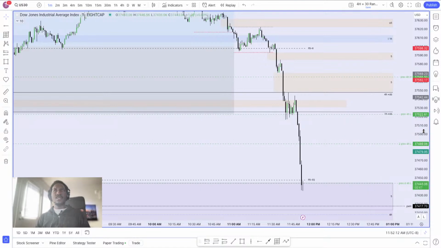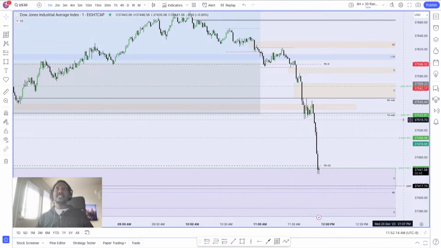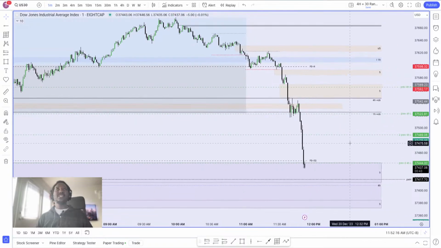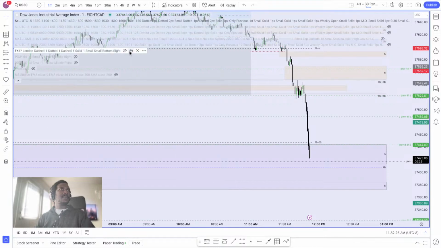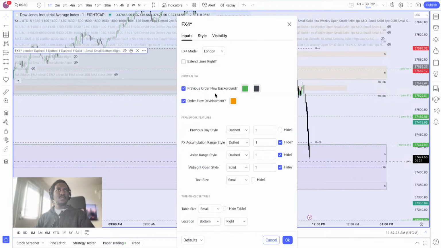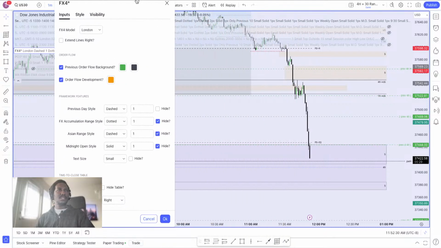It's all good anyway. So right now I'm only looking for buys, right? So waiting for the 12th range to close. We'll see how this goes. We are now at the previous day EQ. I don't know if I can beef up those levels. Pretty much look the same as anybody else. Let me see. Previous day style, dashed, dotted.